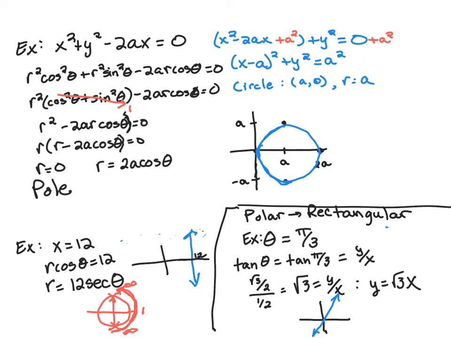And then as I move, the denominator gets closer and closer to 0, the secant gets closer and closer to infinity, so my distance from the origin goes to infinity as I approach pi over 2, if you can imagine that. Okay, that's why that works.